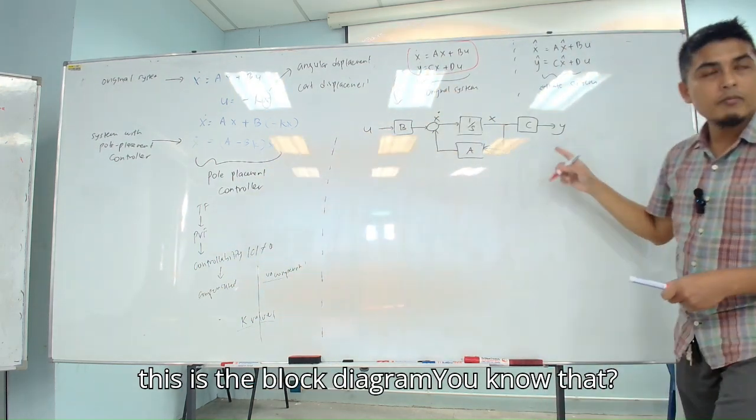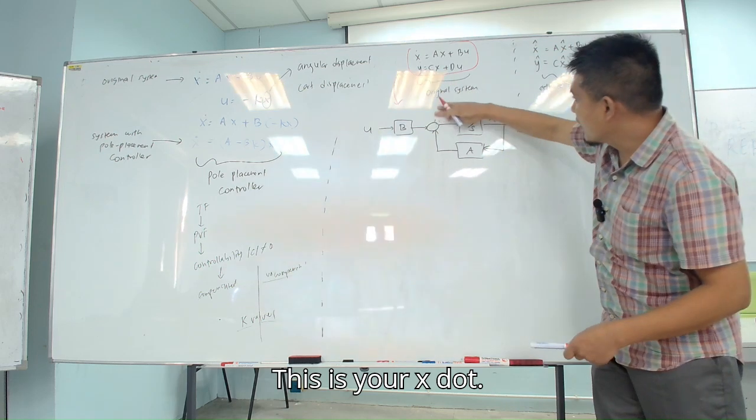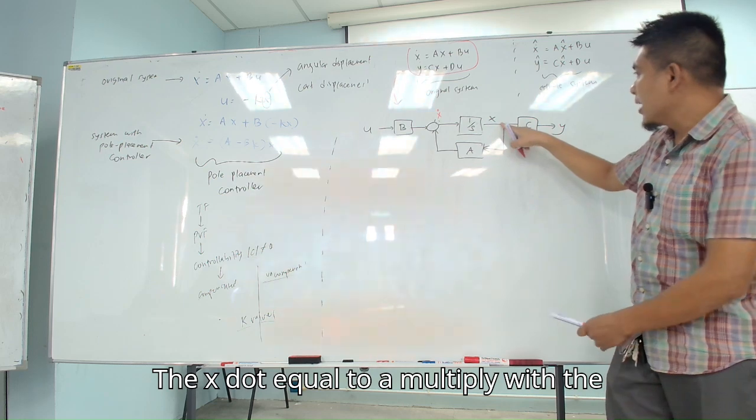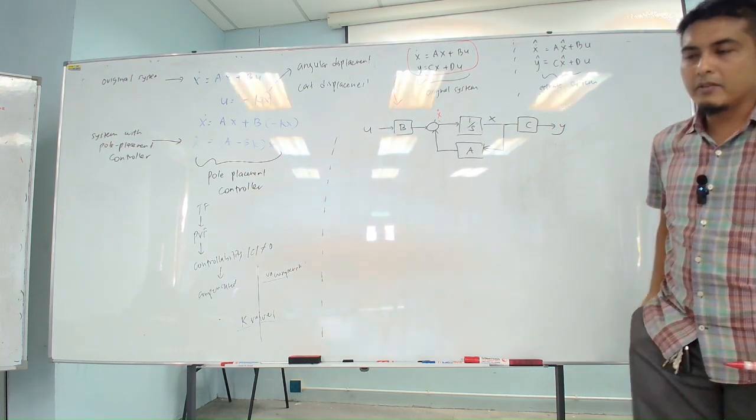This is the block diagram. You know that? This is your X dot. The X dot equals A multiplied with the X.